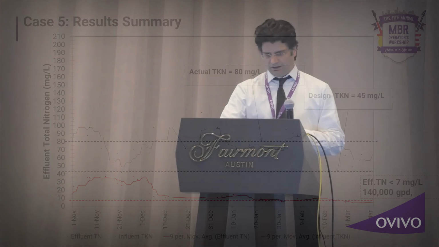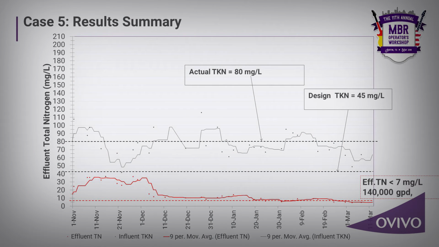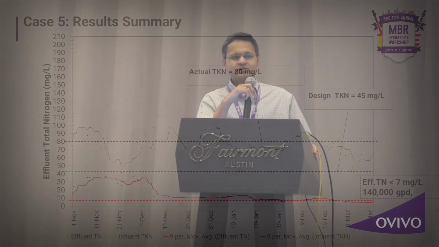We made sure we provide efficient air for the aeration basin for nitrifiers, but not over-aerated to impact the anoxic basin. So the result was short and sweet. We were able to meet and exceed the TN limit of 7 milligrams per liter with the double loading. Basically, as I mentioned earlier, the plant was designed for 45, but the actual loading was 80 and above milligrams per liter.